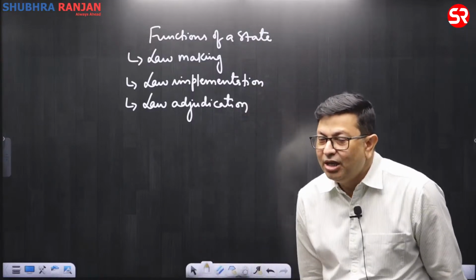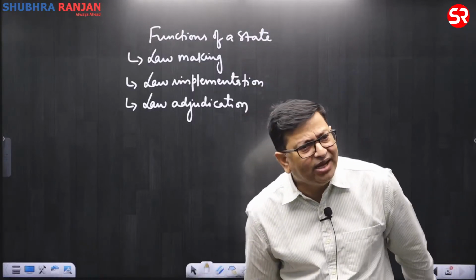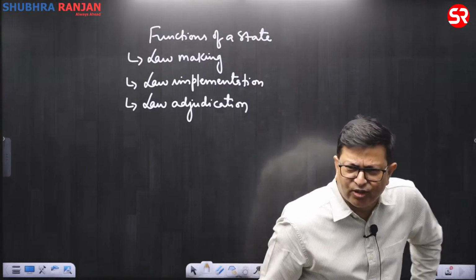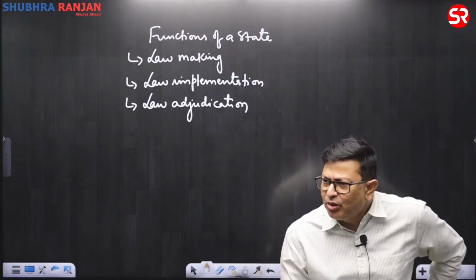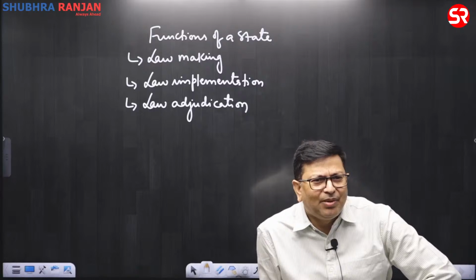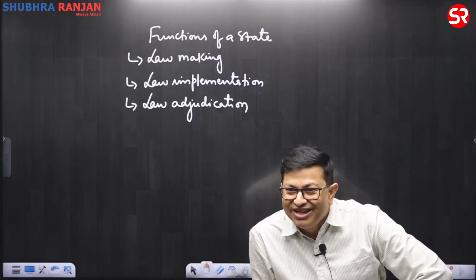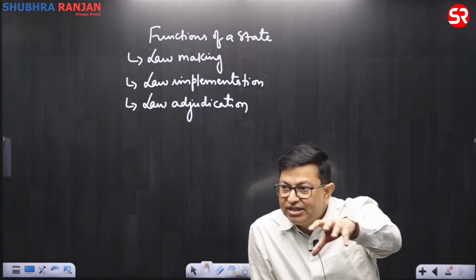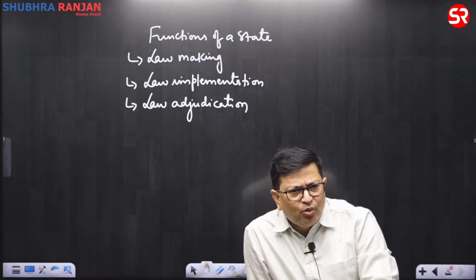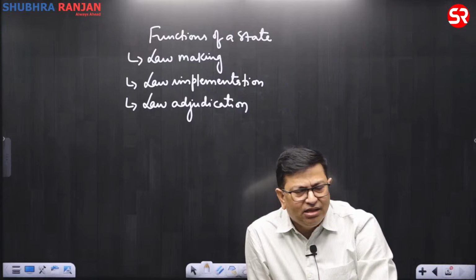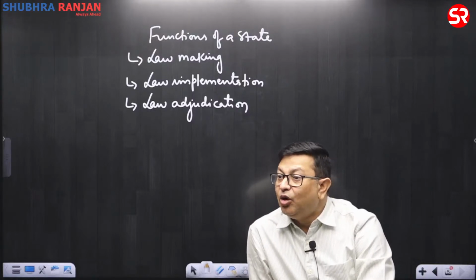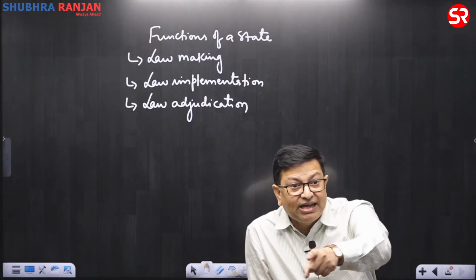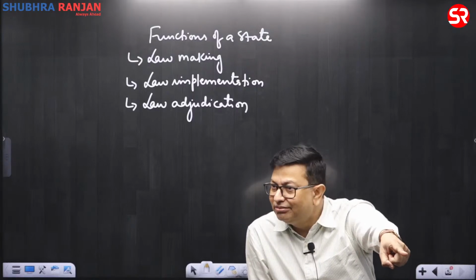So, law making. Every country makes laws for its people. No doubt in our country you will say the Parliament has made this law or the state legislature has made this law. But outside your country, what the foreign media says is, India has passed a law or India has enacted a law related to taxation.